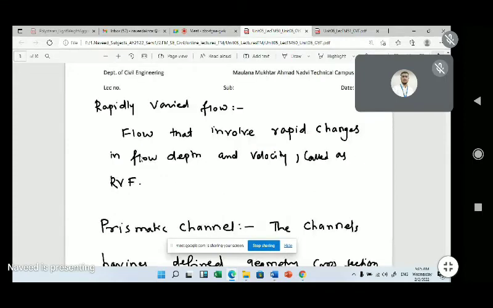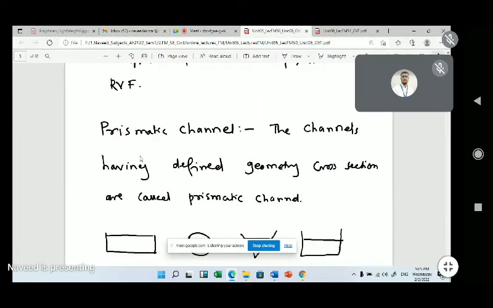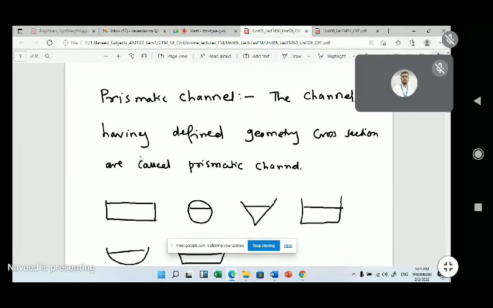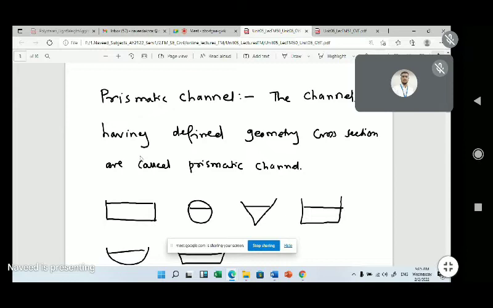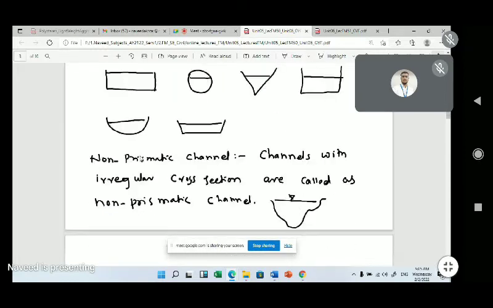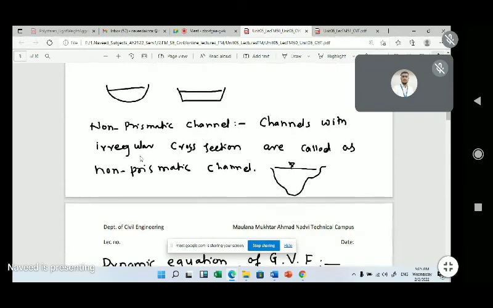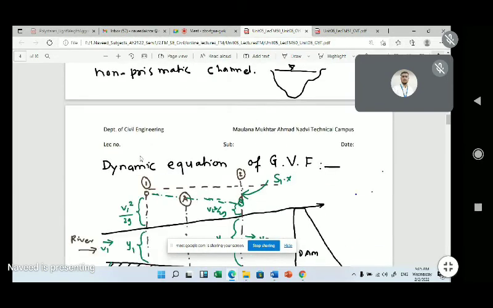And if the flow involves rapid changes in the flow depth and the velocity, it is called rapidly varied flow. If we have known geometrical dimensions, then those open channels are called prismatic channels, and if irregular cross sections are there, then those channels are called non-prismatic channels.